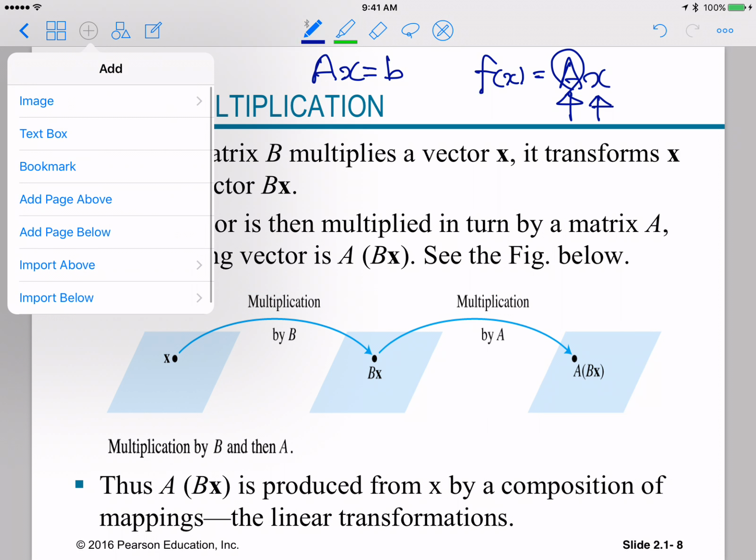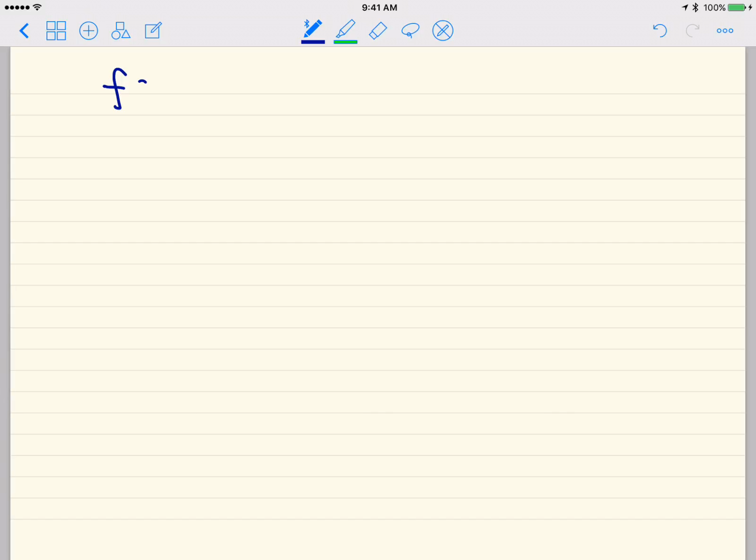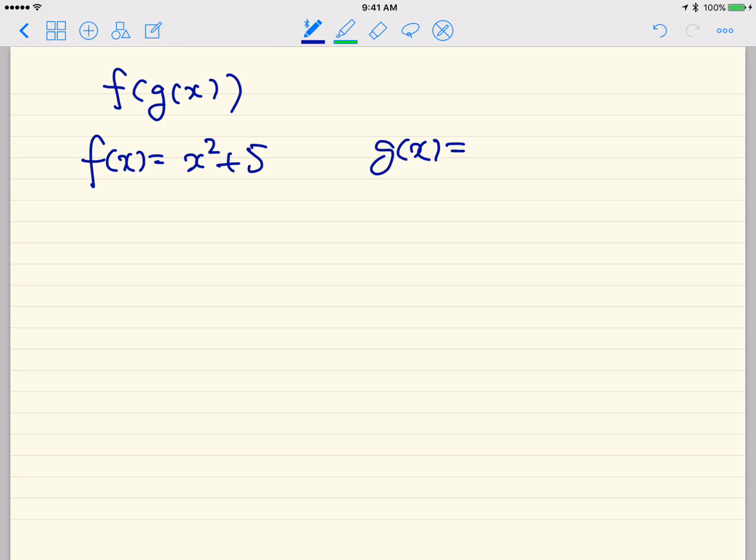So something like this, right? So f(x) is x squared plus 5, and then g(x) is minus 2x, and then we plug this guy into here, right?